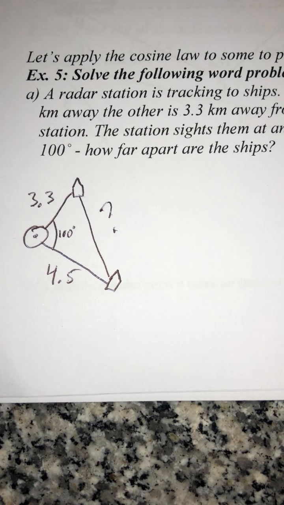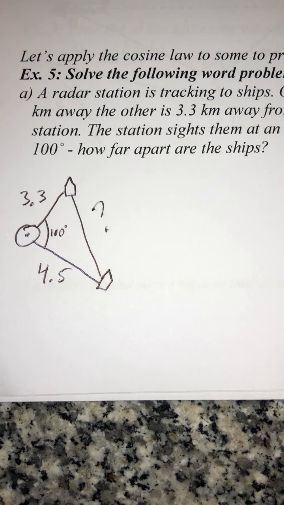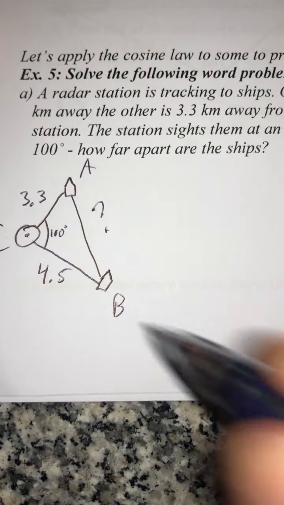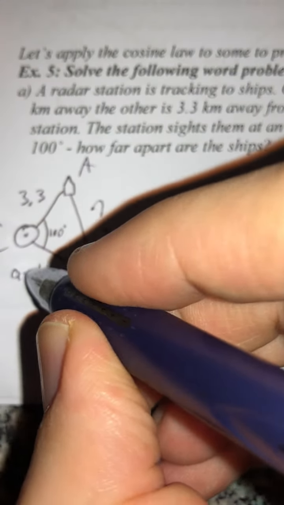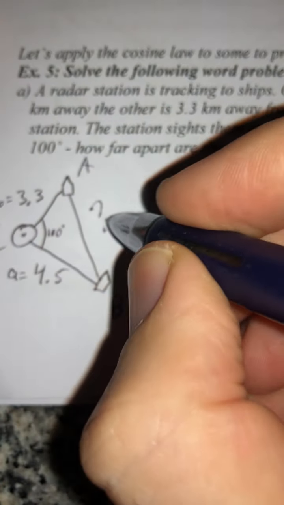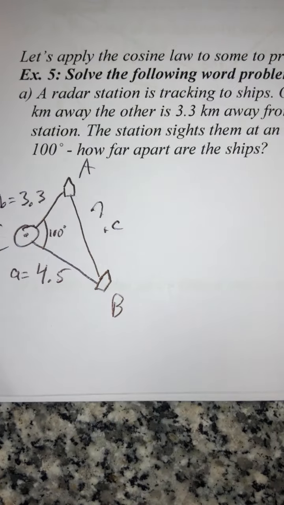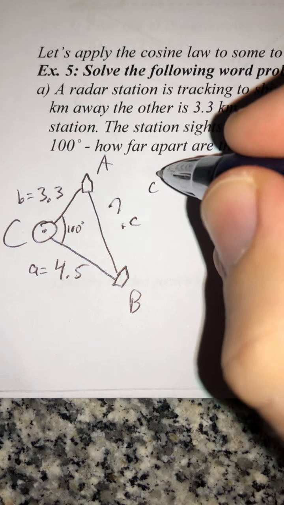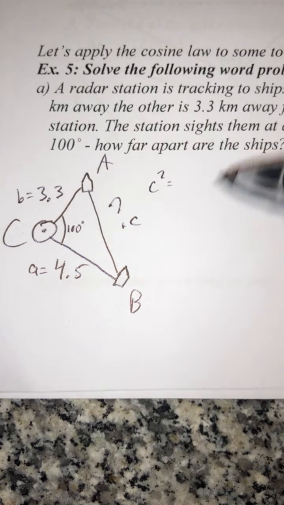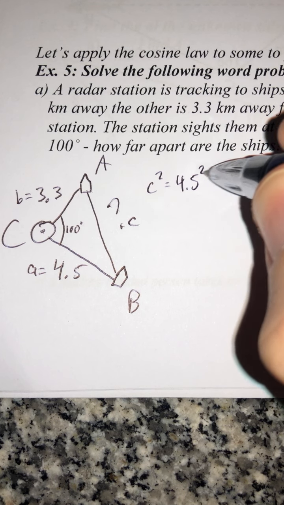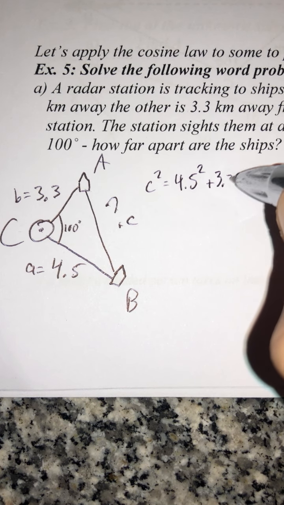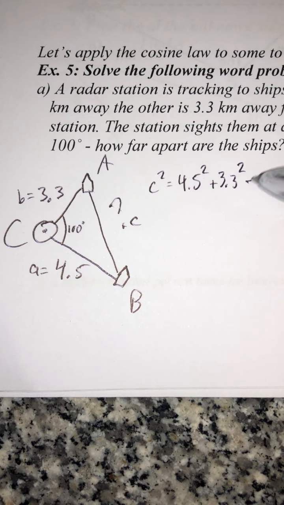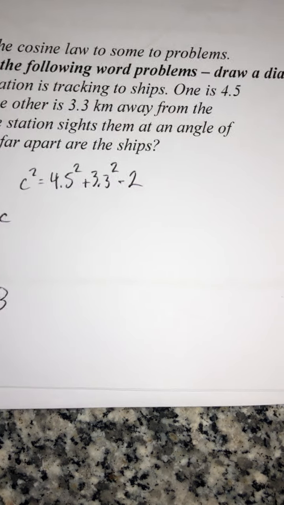Because we've set up the triangle, now we need to actually solve this. So I'm going to label this. Let's say this is capital C, capital A, capital B. Doesn't really matter. So this is lowercase a, lowercase b, lowercase c. We need to solve for lowercase c. So c squared equals a squared, which is 4.5 squared, plus 3.3 squared, minus 2 times 4.5 times 3.3 cos 100.